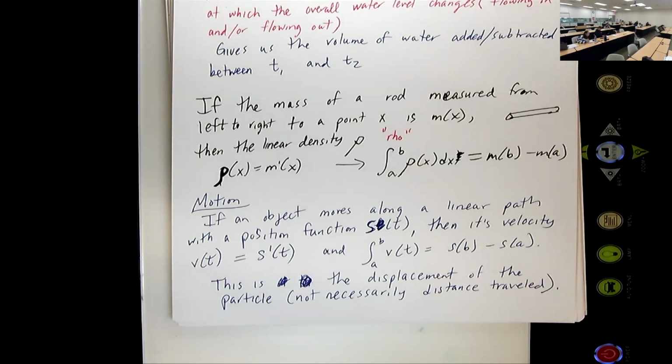Kind of like your position function at 6 this morning was probably in your bed. But let's go 4 a.m. I'm sure everyone was in bed at 4 a.m. Comparing it to 4 a.m. yesterday, you had the same position. Your displacement over the last 24 hours was 0. But you have moved.